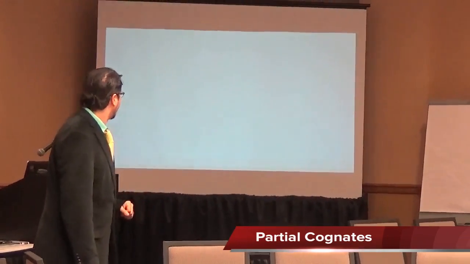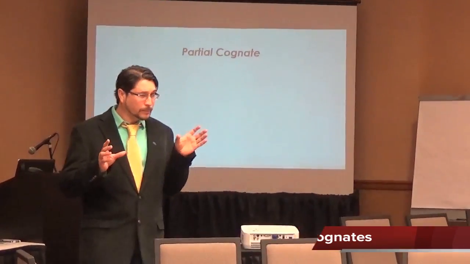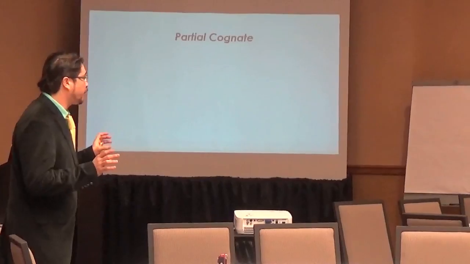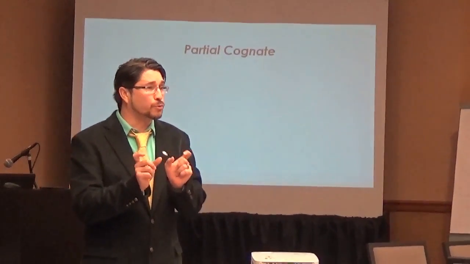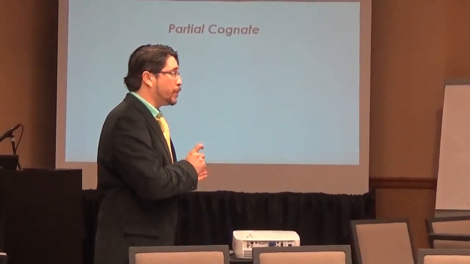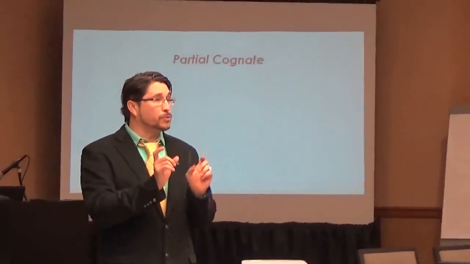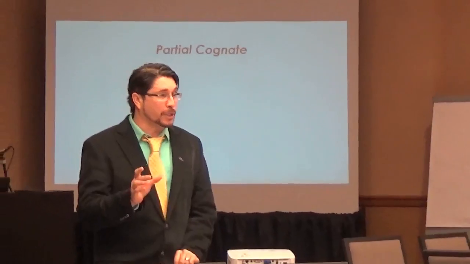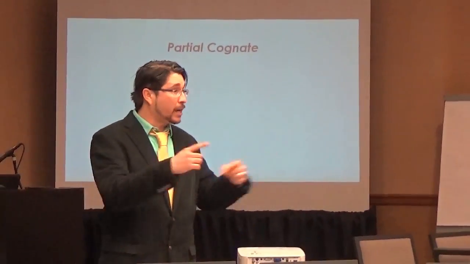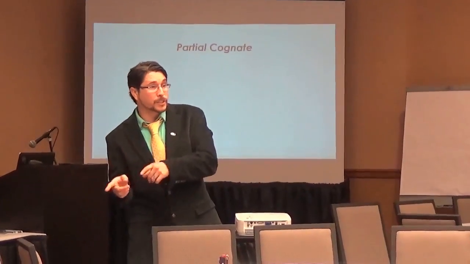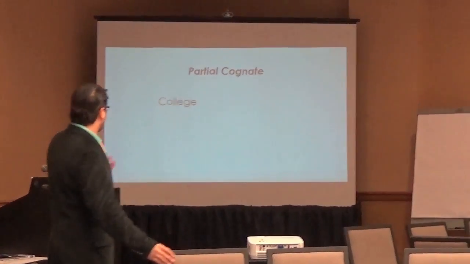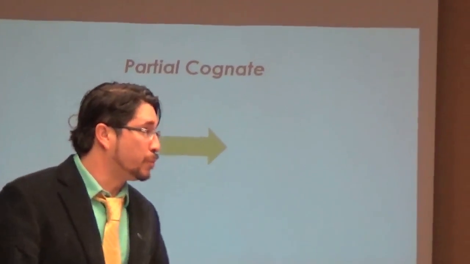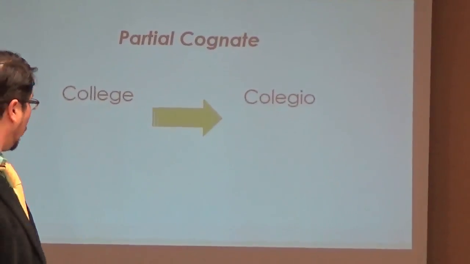See, the difference is in the accent that we're using basically, but the definition is exactly the same. Partial cognates, in which the orthographic difference is very slight, and they follow certain rules, which we will go over in a minute. These rules are transferable back and forth, so from English to Spanish, or Spanish to English. We have, for example, the word college. College in Spanish would be colegio.